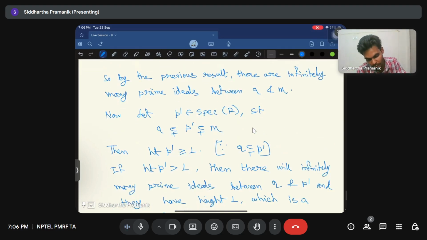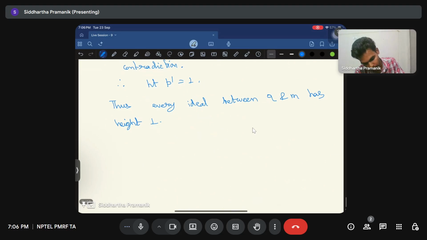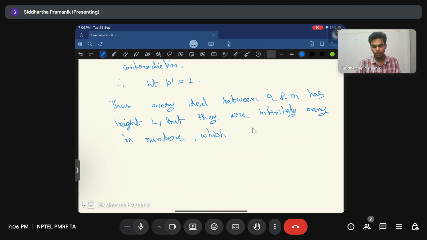So that is also a contradiction, because we have only finitely many prime ideals of height 1.